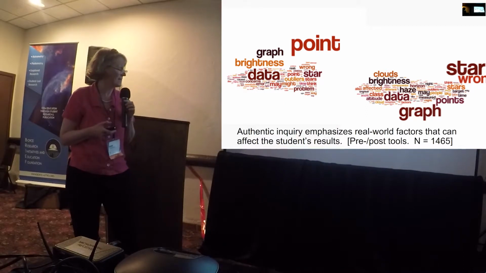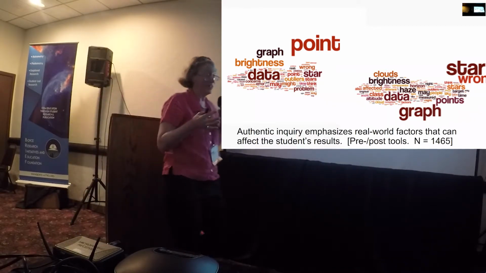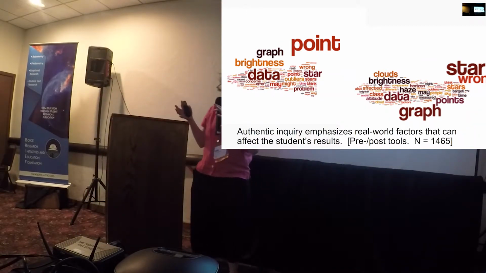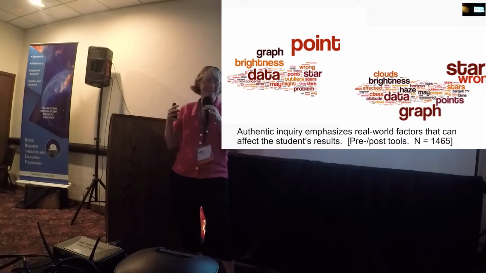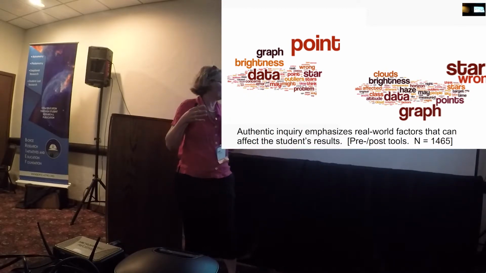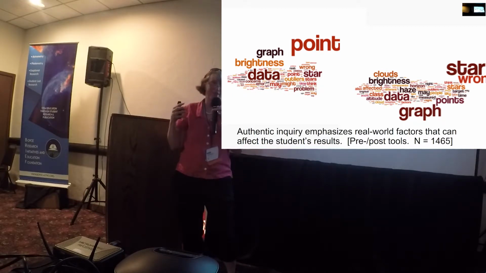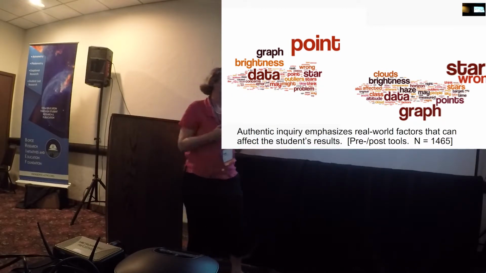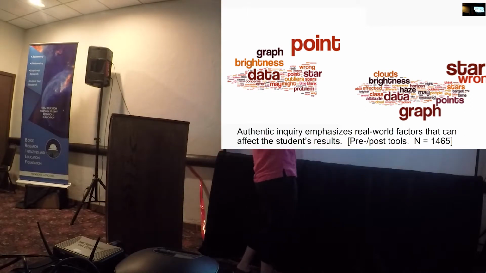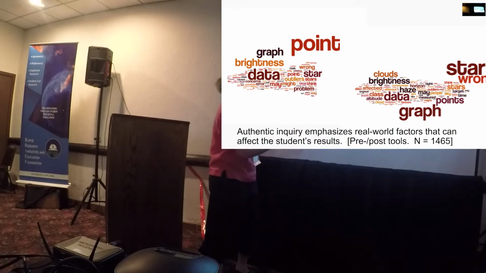Some more qualitative response. One thing students definitely learn is how to assess the factors that affect their data. So here's a before and after text cloud of when students are asked why does your light curve look different than the nice one you predicted.